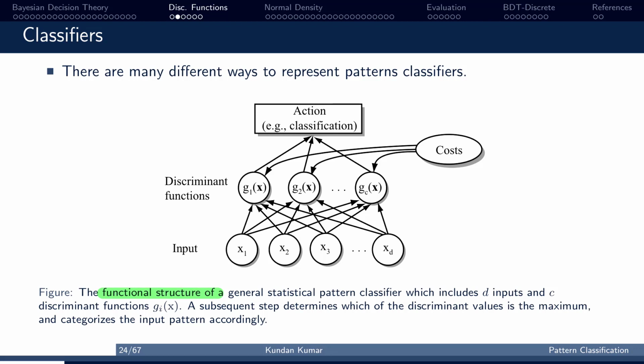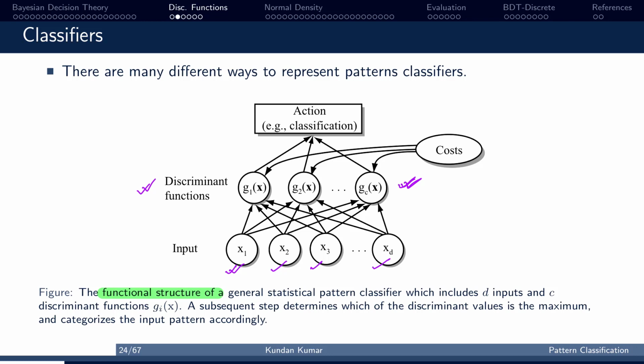Here we have C discriminant functions, defined for each of the C classes, and each discriminant function takes as input the feature vector, having dimensionality D. Then the discriminant functions compute the cost for each class, and based on this cost it takes some action, or it does the classification.